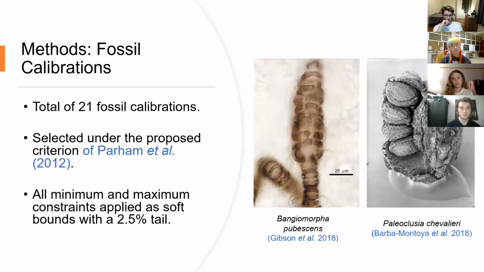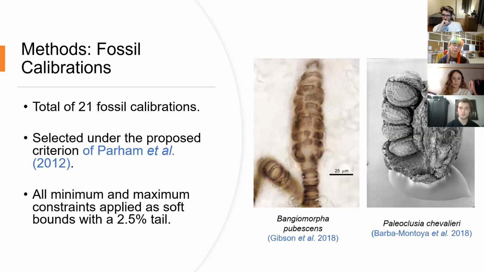Okay, so I've elaborated on the molecular data that we've used, but now to elaborate on the fossil calibrations. We have a total of 21 fossil calibrations that range across different species of green plants and different groups of green plants. And we selected these all under the criterion of Parham. For instance, here are the oldest and the youngest of the fossils that we used.